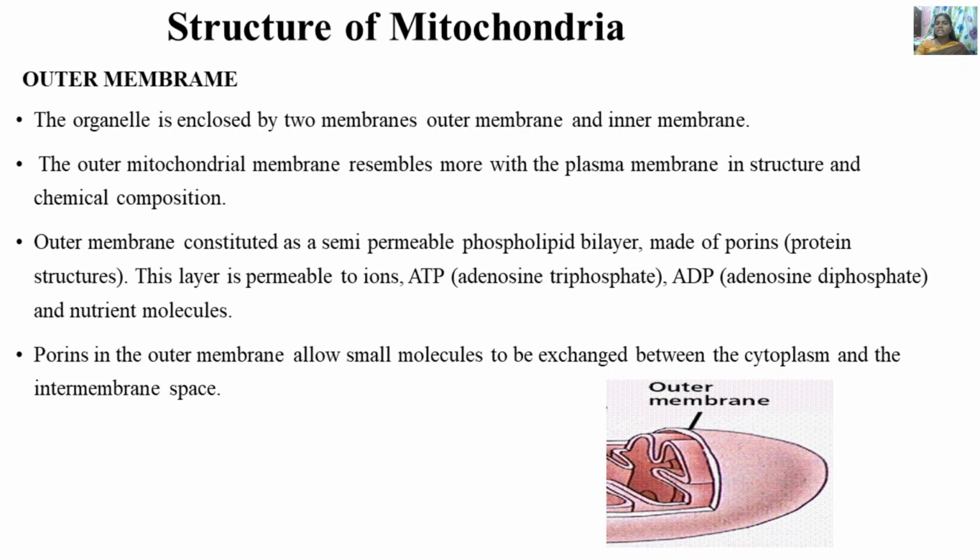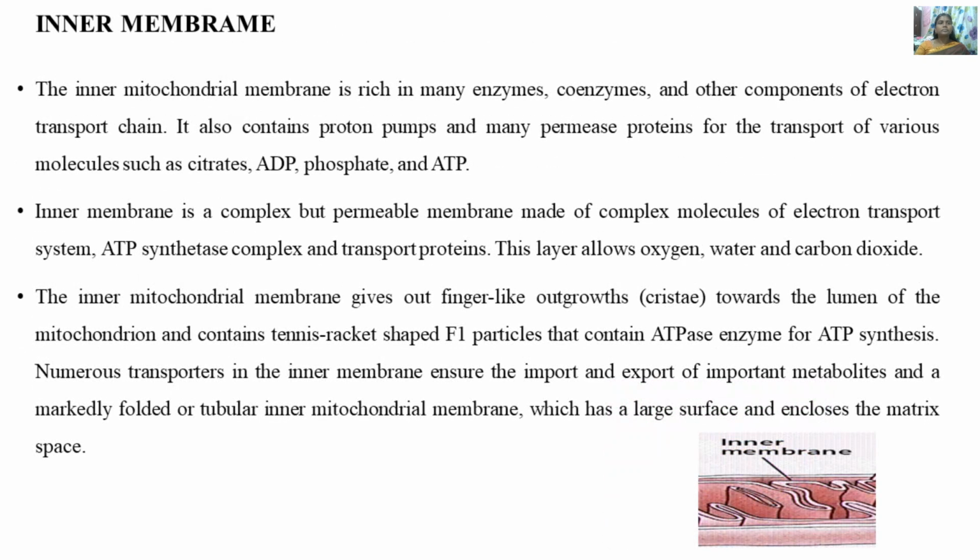Here you can see the inner membrane, it is folded. The inner membrane of mitochondria is rich in many enzymes, coenzymes and other components of the electron transport chain. It also contains proton pumps and many permease proteins for the transport of various molecules such as citrate, ADP, phosphate and ATP, which are components in the citric acid cycle.